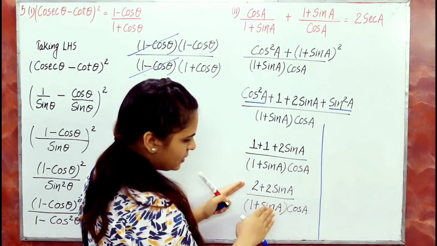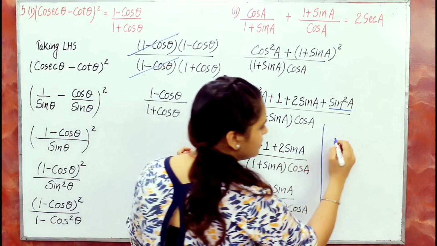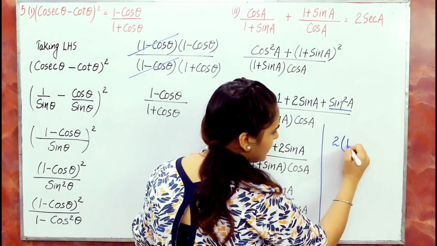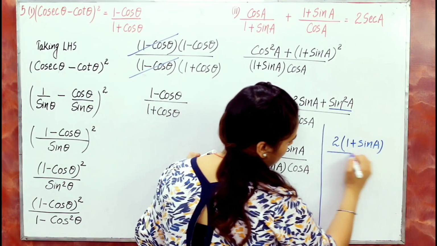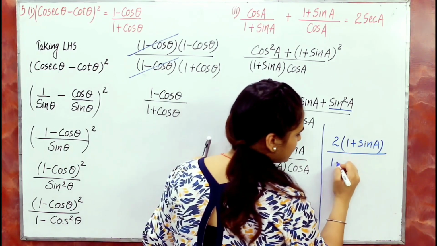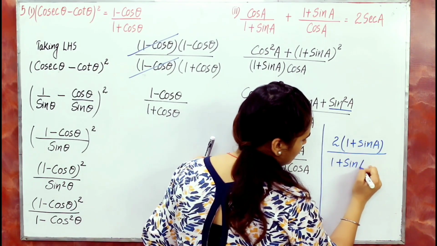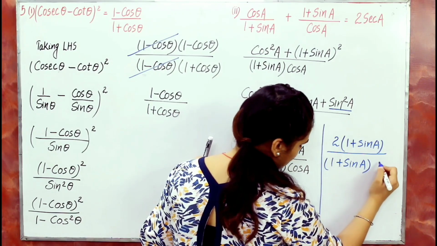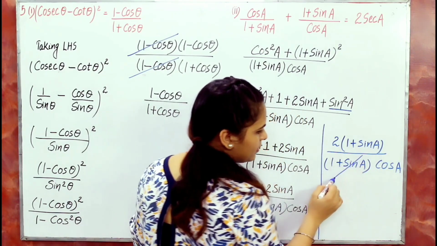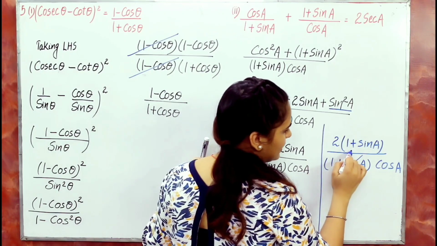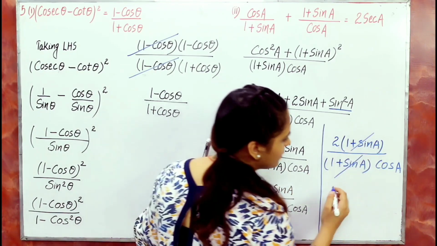Now you see in your numerator, if you take 2 common, you will get 1 plus sine A, and no change in the denominator. This will be (1 plus sine A) multiplied by cos A. Now you will cancel out this 1 plus sine A from the numerator and denominator.